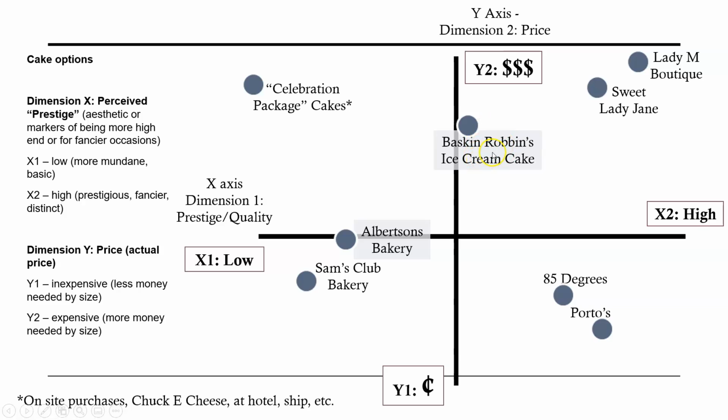At high prestige but high price, you get these boutique bakeries. And then finally, higher prestige but also lower price, to what consumers consider to be lower price, is 85 Degrees and Portos. You can see how splitting along these dimensions is more than just, oh, expensive or not, but how expensive compared to another and how much better along those two dimensions, or maybe just a superstar in one.